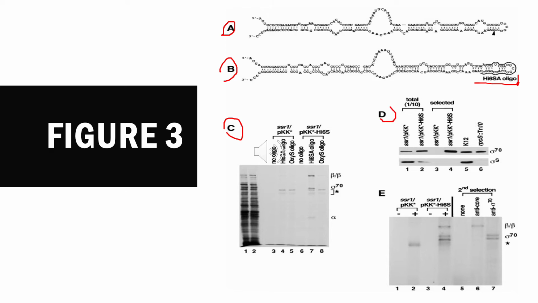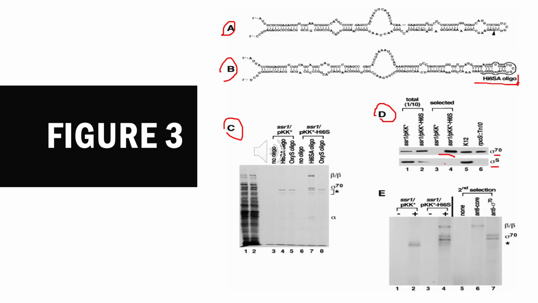In figure 3D, we're comparing the sigma S and the sigma 70 factors. The very dark line at sigma 70, which I have underlined there, confirms that 6S interacts with sigma 70 RNA polymerase holoenzyme specifically. To determine which RNA polymerase subunit directly binds to 6S, the researchers used cross-linking with radiolabeling of RNA. That's shown in figure 3E.